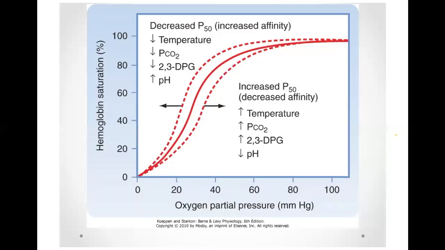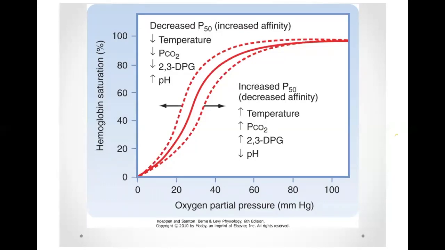Now, always remember this dictum. In the examination, they're always going to ask you, either it's a toss-up between physiology or biochemistry, what are the factors that cause a shift to the right or a shift to the left of this sigmoidal oxygen hemoglobin curve?